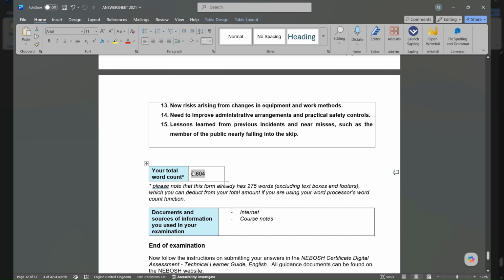It is okay as long as your word count is beyond 3,000 words, because you have clearly explained to the examiner what your point is and how you've thought about it. Don't also forget to reference any documents and sources of information. For this particular examination, I've used the internet and course notes, which I've written here.